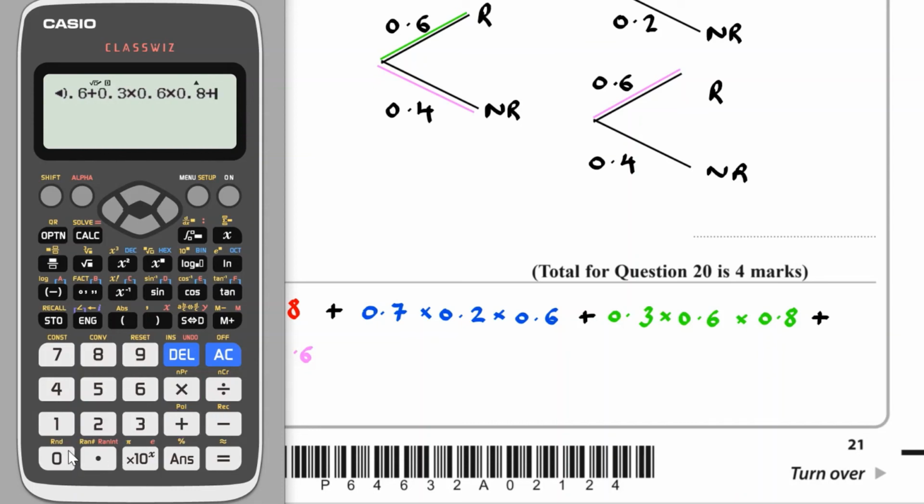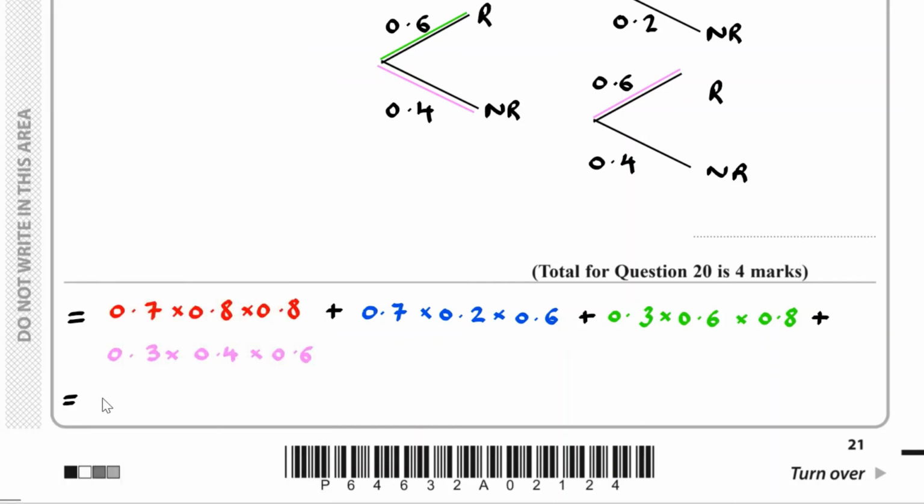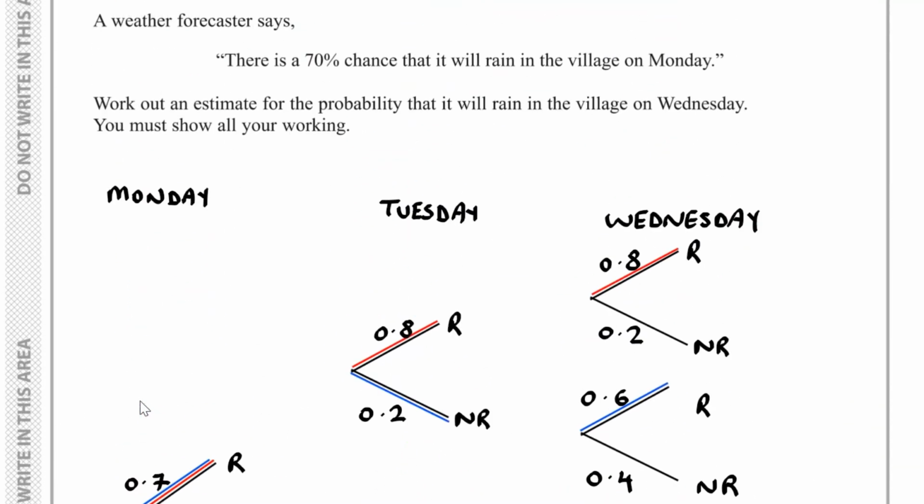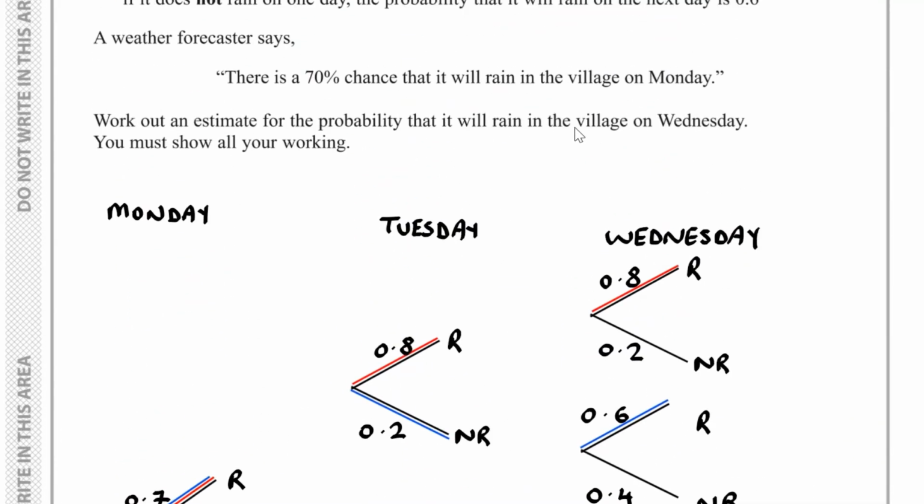And I've also got 0.3 times 0.4 times 0.6 and it turns out I get 0.748. So this 0.748 would correspond to the probability that it will rain in the village on Wednesday.